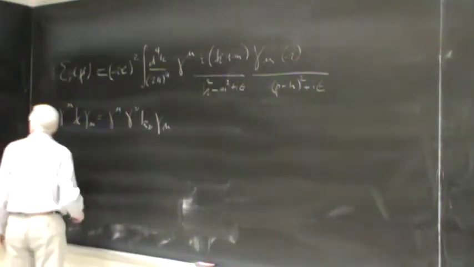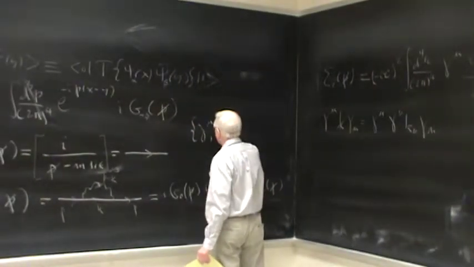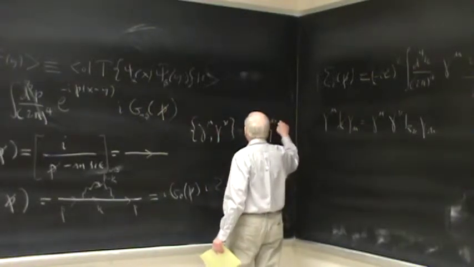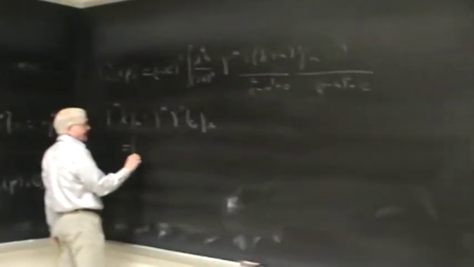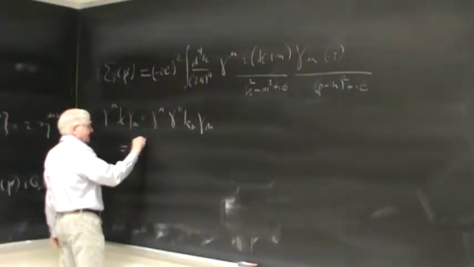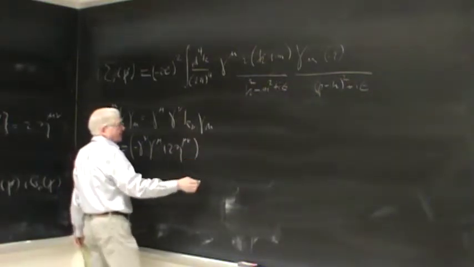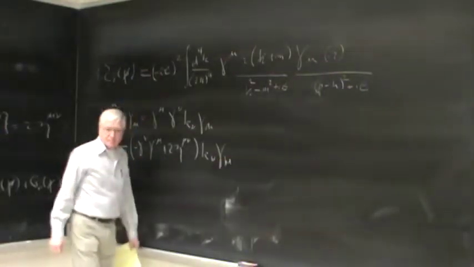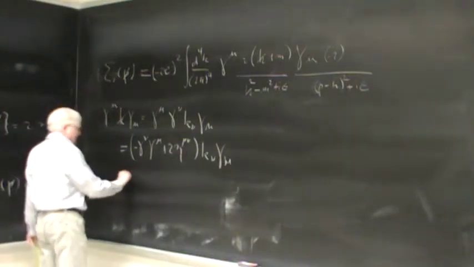Okay. But the gamma matrices are defined so that their symmetric product is 2 eta mu nu. And so we can rewrite that as minus gamma nu gamma mu plus 2 eta mu nu, and then you have k nu gamma mu. Okay. And now it all of a sudden makes a lot of sense.